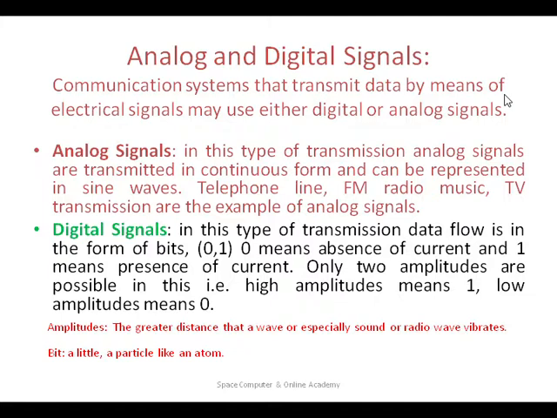Only two amplitudes are possible: high amplitude means 1 and low amplitude means 0, where amplitude means the greatest distance that a wave, especially a sound or radio wave, vibrates. Bit means a little particle, like an atom. This is the definition that I present for you as analog and digital signals.